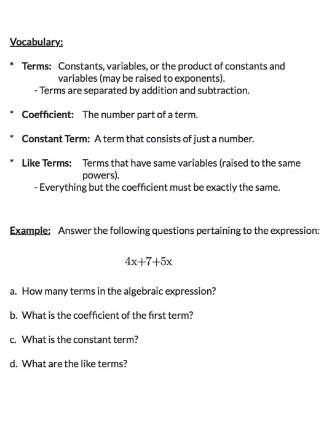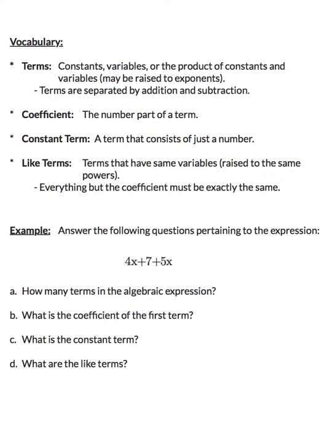So before we begin with simplifying expressions, let's go ahead and talk about a couple more vocabulary terms that we have. The first one that we have is terms. Terms are constants, variables, or the product of constants and variables. Those variables may be raised to exponents.